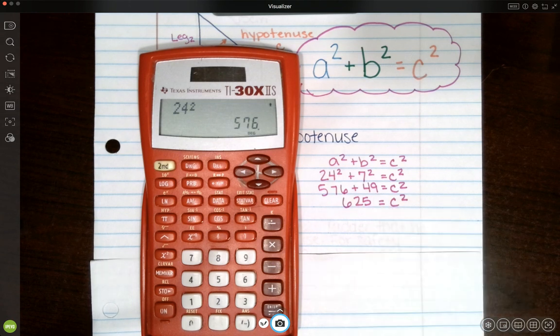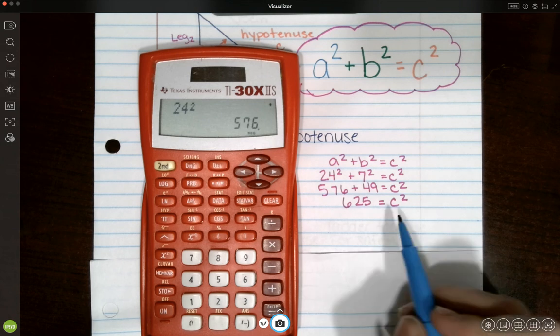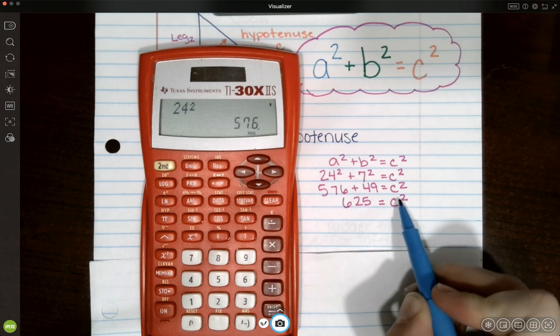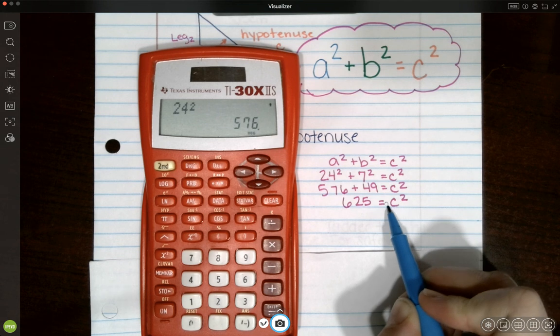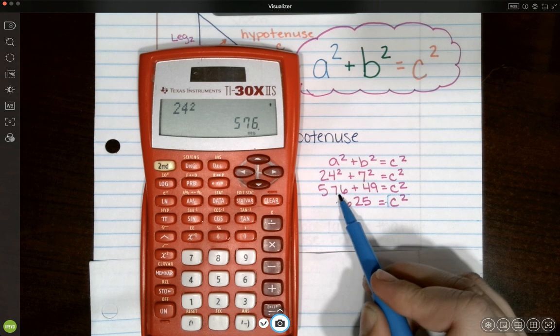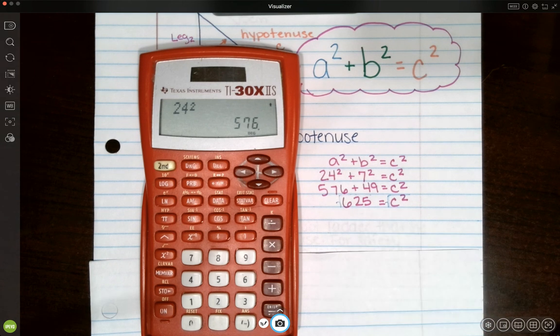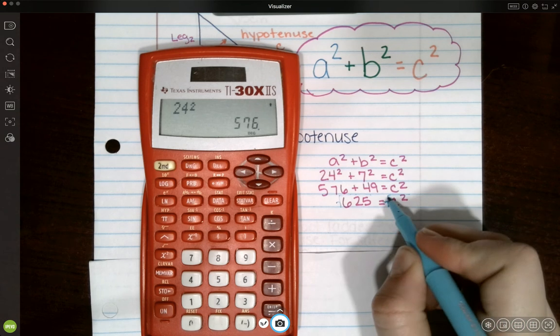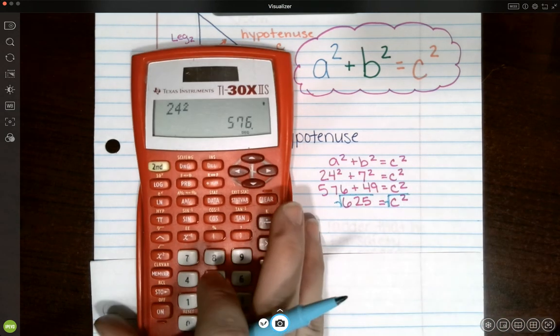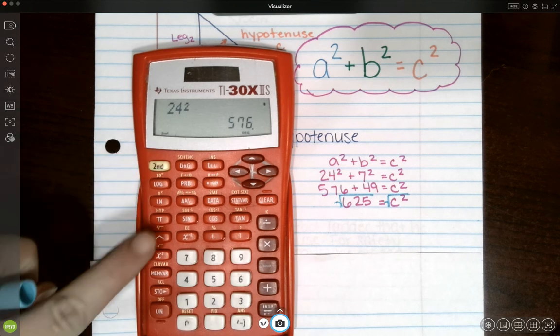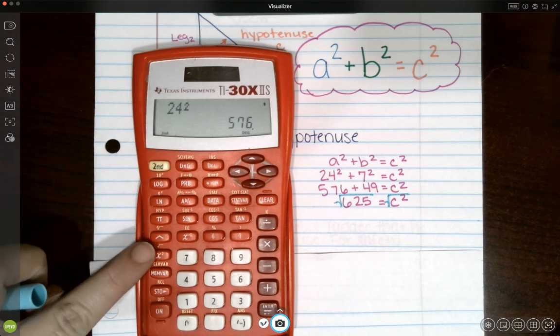Now this is the step that you guys typically miss the most. Please remember the opposite of squared is not division. The opposite of squared is square root. And what I do to one side, I have to do to the other. So in my calculator, I'm going to type in second x squared, because notice it's the opposite of squared.